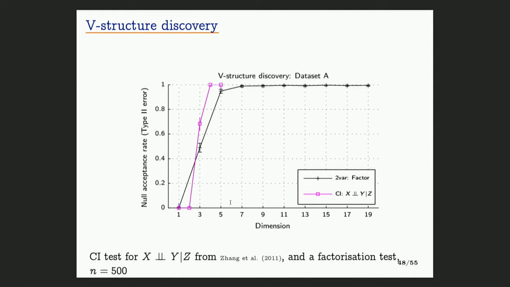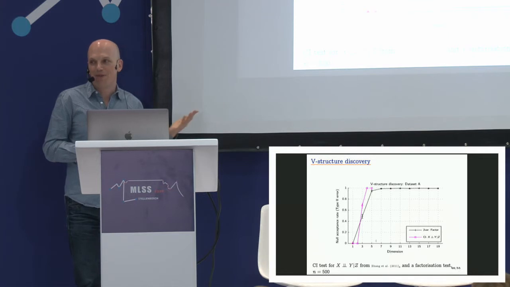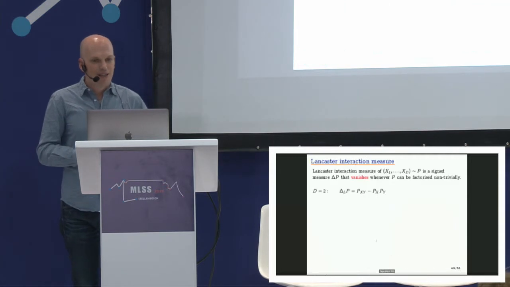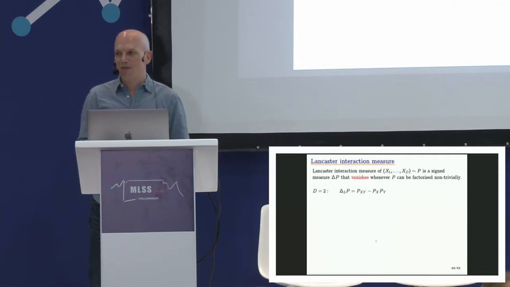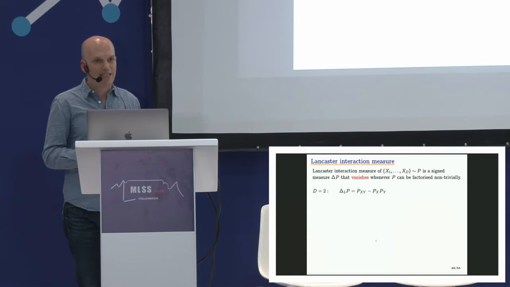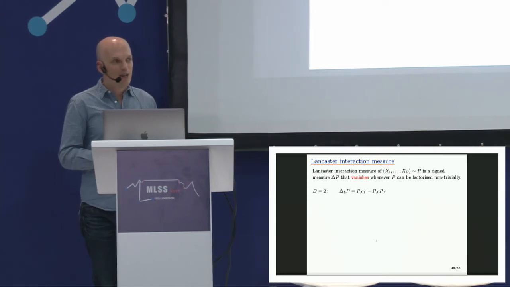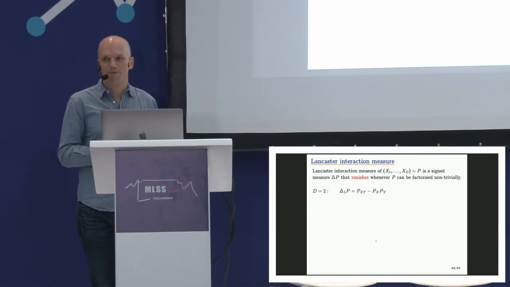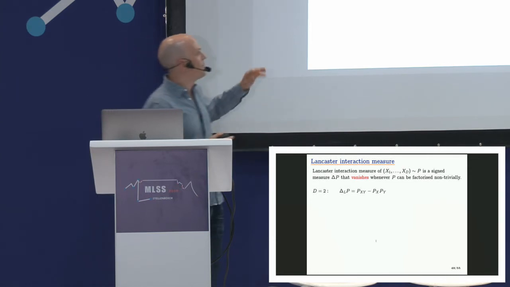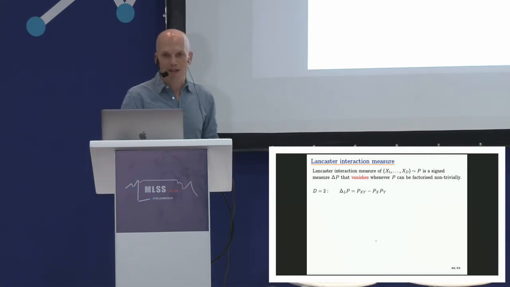So the question is, can I solve this problem? Is there a better way to do it than these two approaches, which seem to suffer quite a bit when my dimension increases? So the way that I'm going to approach it is by thinking of how I might generalize HSIC to more than 2 variables. So here is the way I could generalize it. Remember what HSIC is doing.